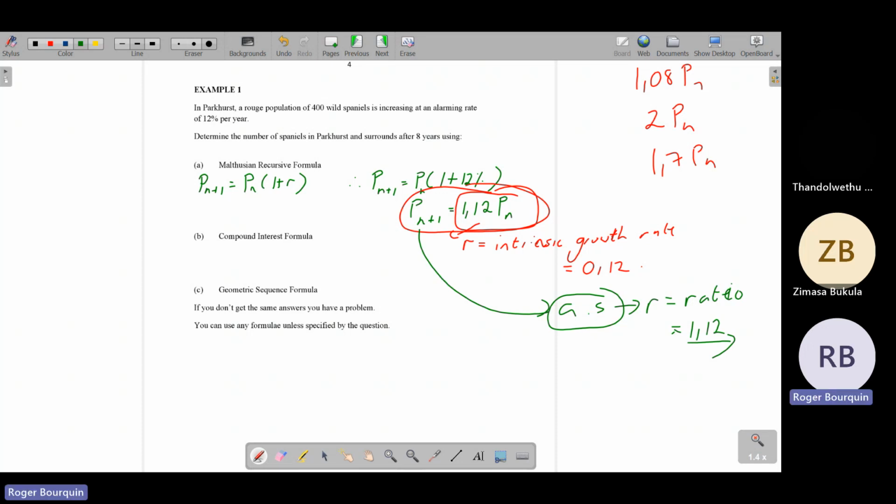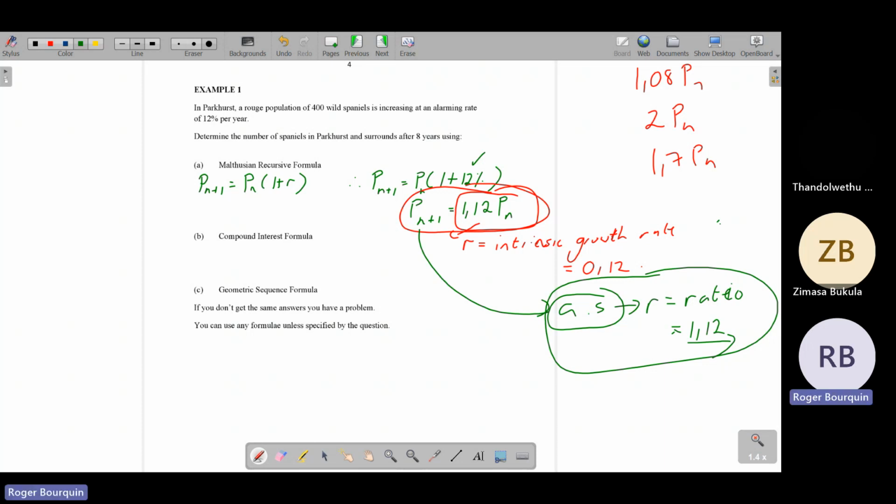Okay, so in this section we don't really work with this. We're always going to be working with intrinsic growth rate, but just understand in general, as a geometric sequence, what are you timesing by to get from one term to the next? You're timesing by 1.12. But what is your intrinsic growth rate of this population? It is that minus 1, growing at 12% per annum.